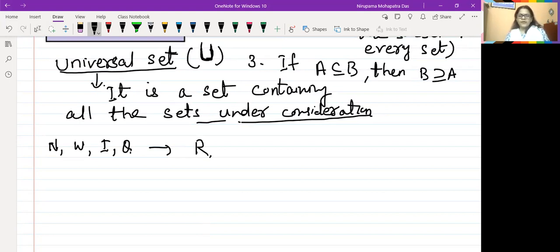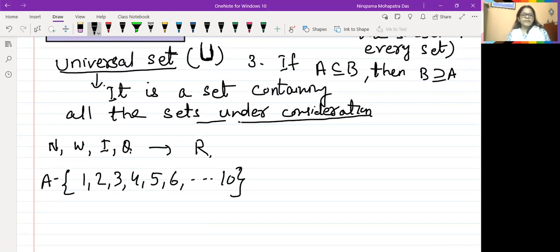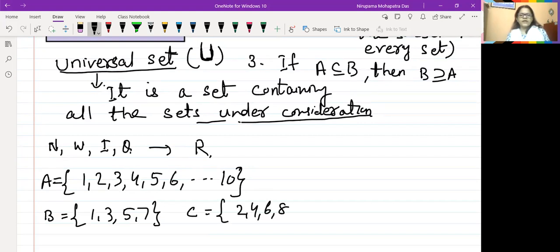And another example also, suppose we are given set 1, 2, 3, 4, 5, 6, and we can take up to 10. This is set A. Now let me take B as the set 1, 3, 5, 7. C is the set 2, 4, 6, 8, 10.